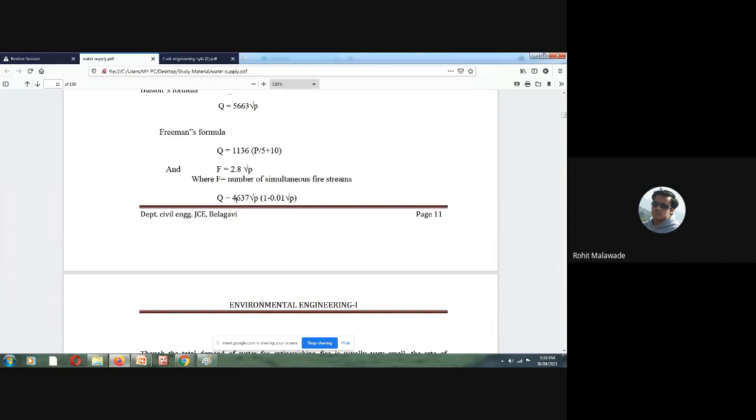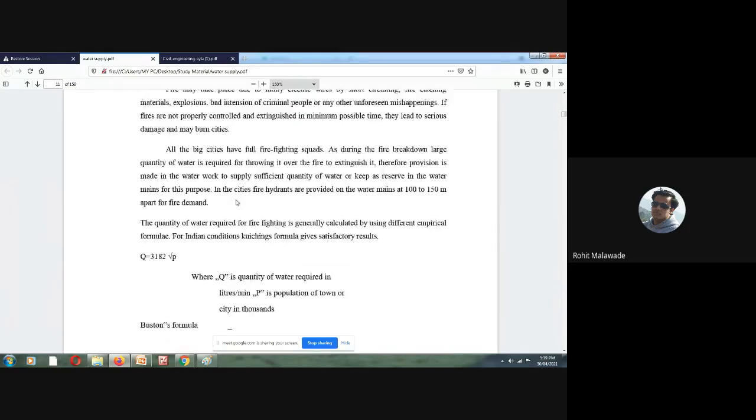If a problem is asked in this area, they are going to ask a question like: compute the fire demand for a city having a population of 1,40,000 by using various formulas. They may ask you two or three methods, Kuchling's formula, Buston's formula, or Freeman's formula, or all four.